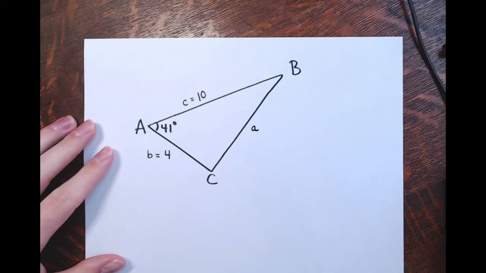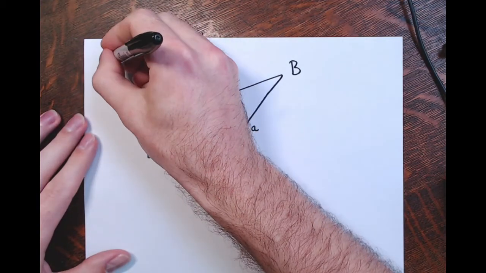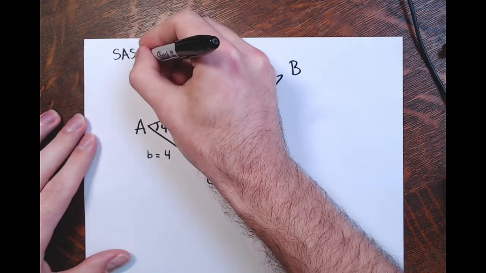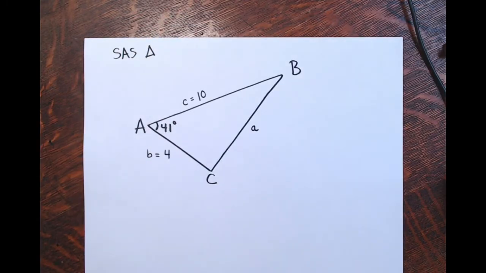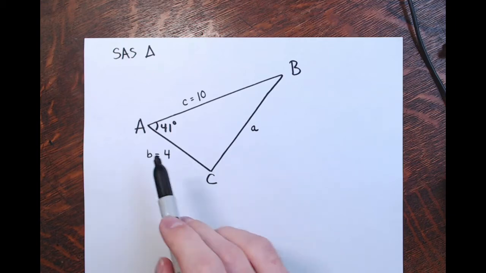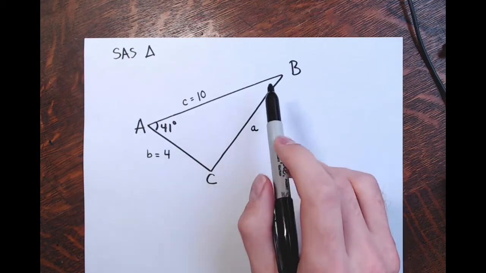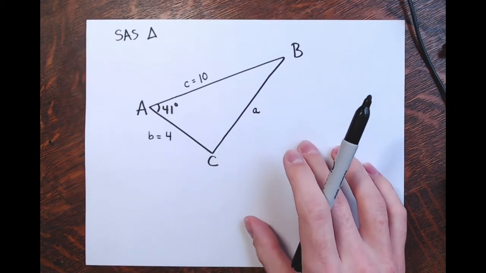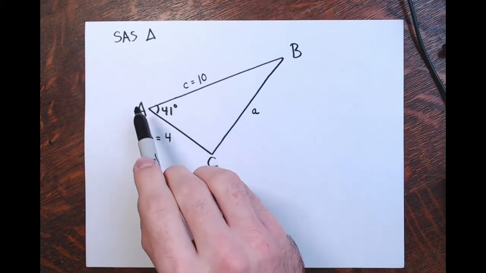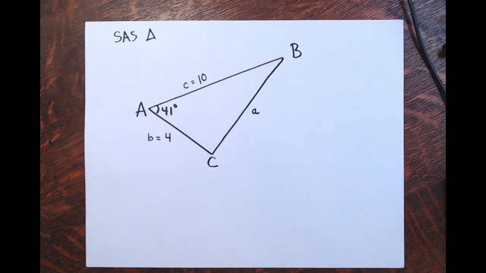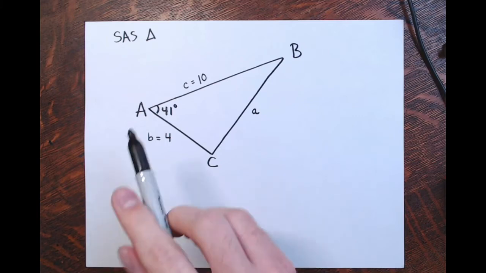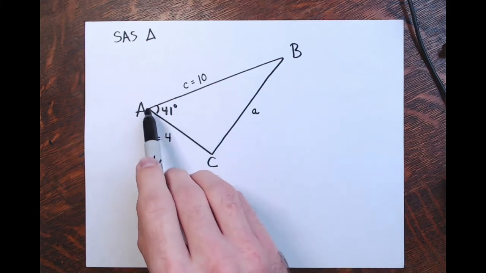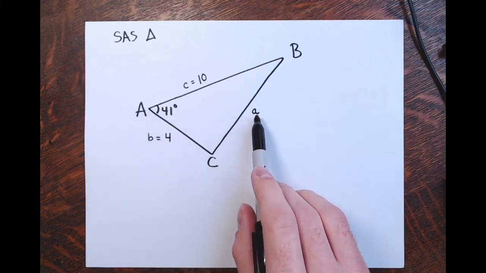So again, this is an SAS triangle. Side, angle, side. Now I labeled these sides. Remember how things were typically labeled in previous assignments. You have a triangle ABC, the angles are labeled with capital letters, and the sides opposite are labeled with the lowercase version of that same letter.